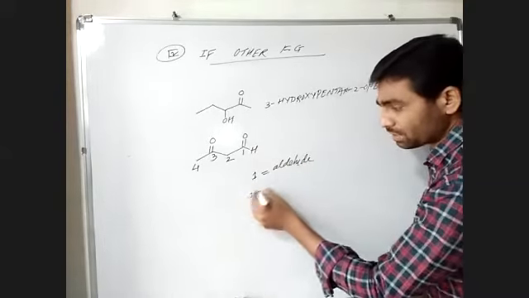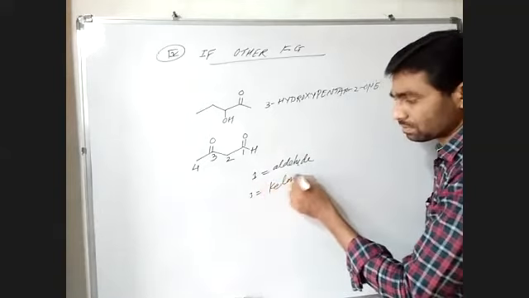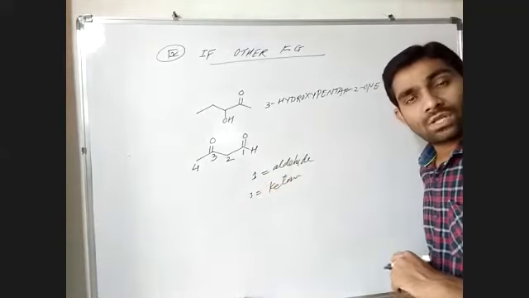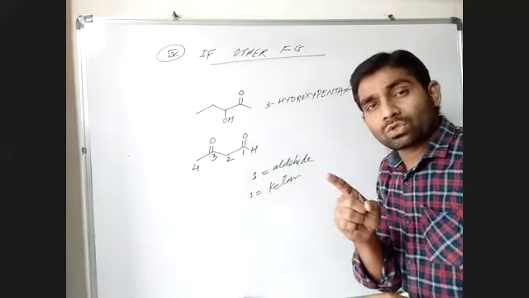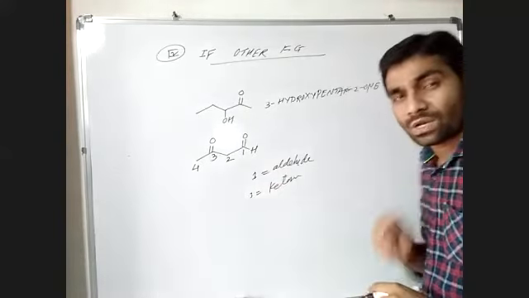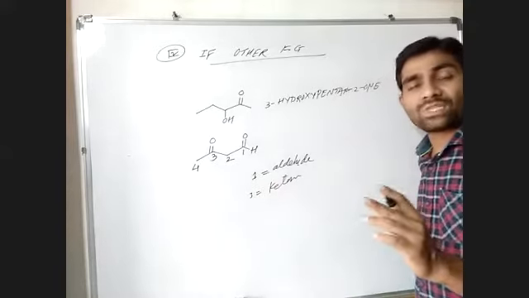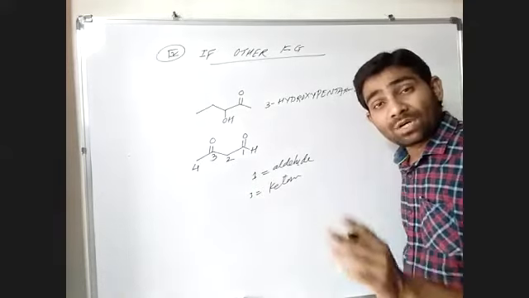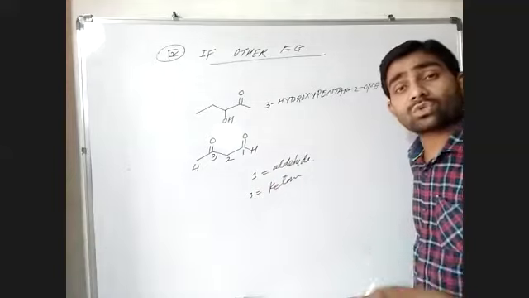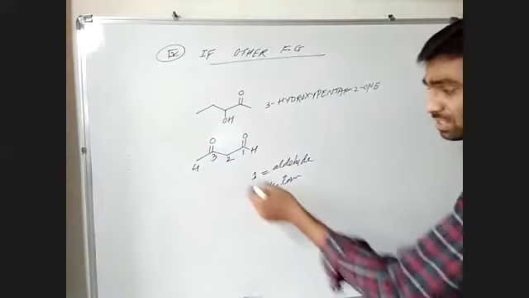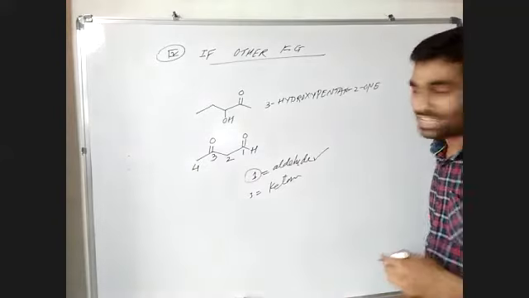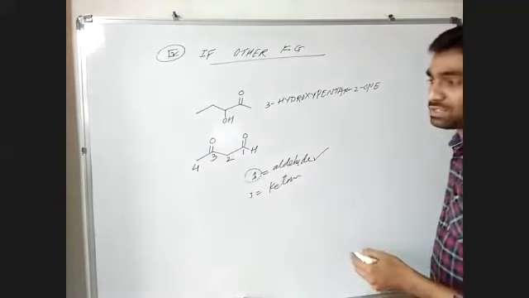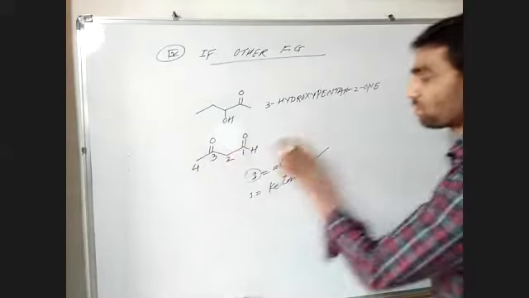Number 3. Follow the rule. The IUPAC rule says that the smallest number should go to the principal functional group. This is the smallest number, so this is our selection. How many carbons? 1, 2, 3, 4. So butanal.